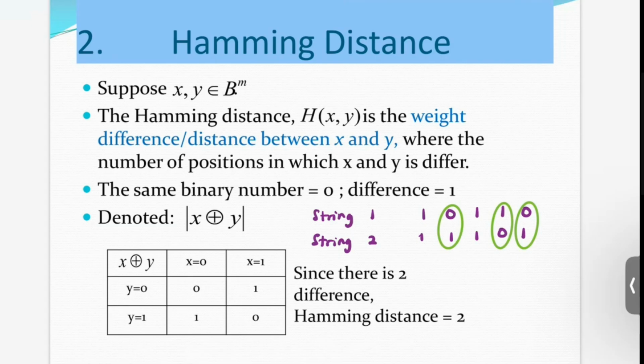So here the Hamming distance is 3, as there are 3 positions where the bits differ. So the Hamming distance between string 1 and string 2 is 3, for this case.